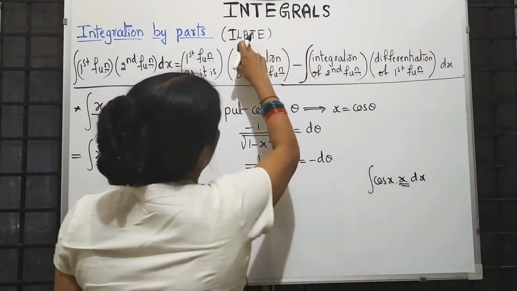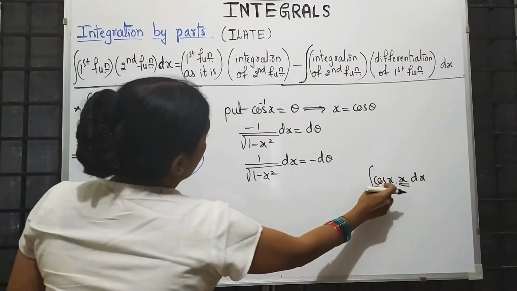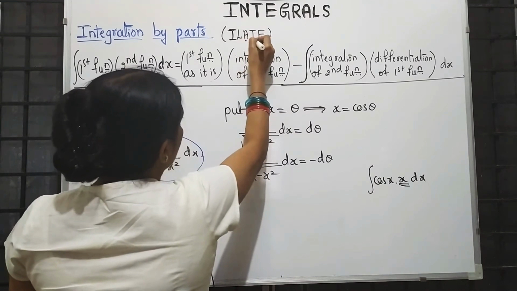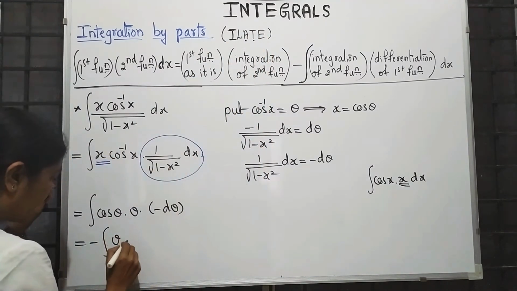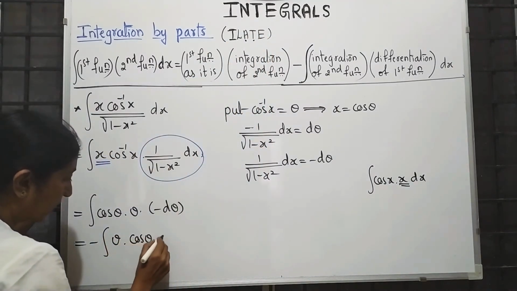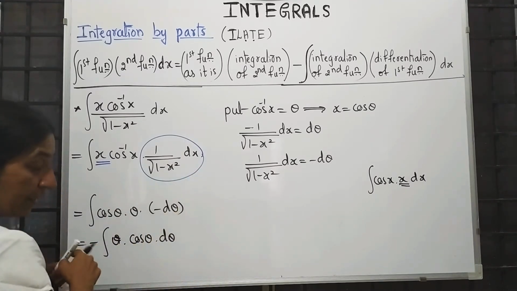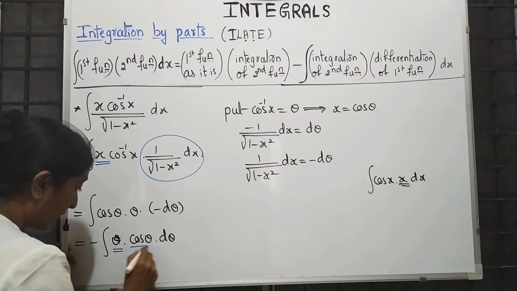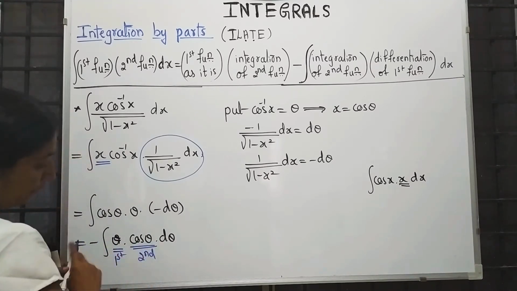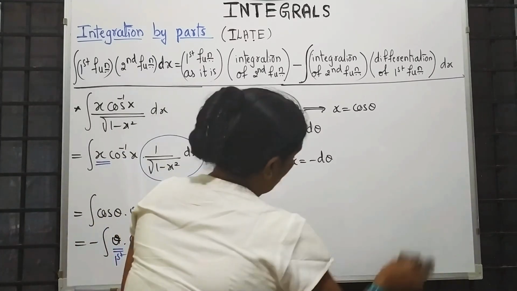Algebraic. And cos x is trigonometric. First A comes, then T comes. Theta into cos theta into d theta. Instead of x we have theta. Just compare with that. Now this is the first function and this is the second function. So apply that formula.